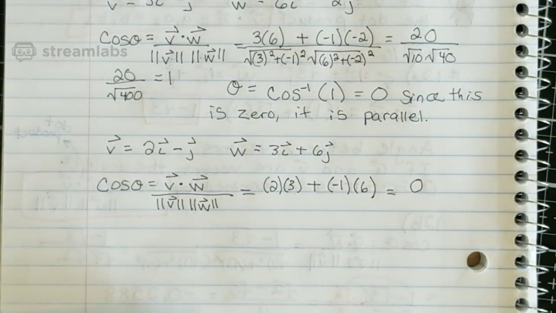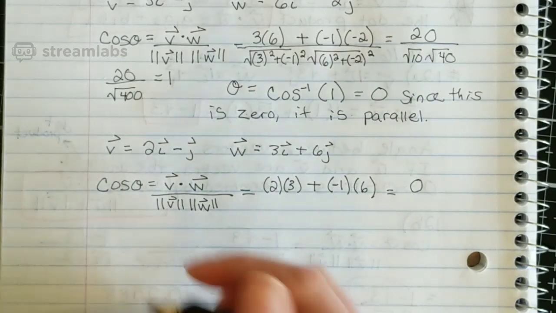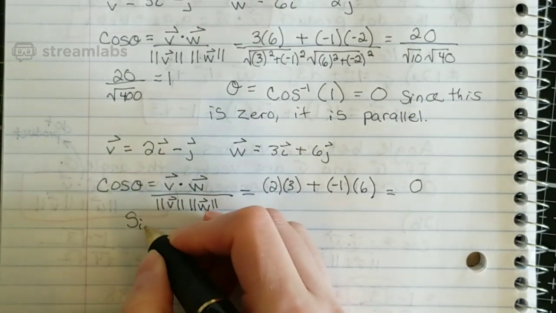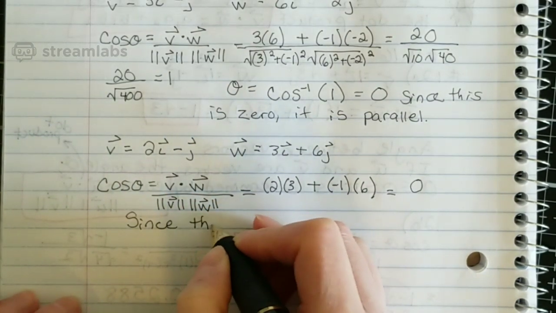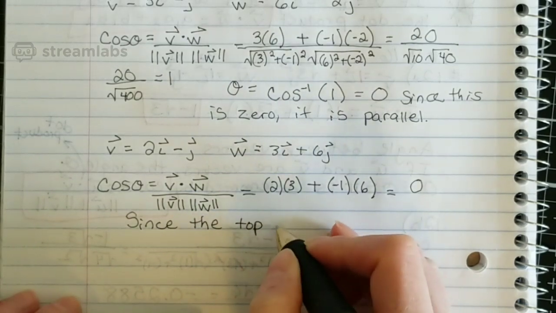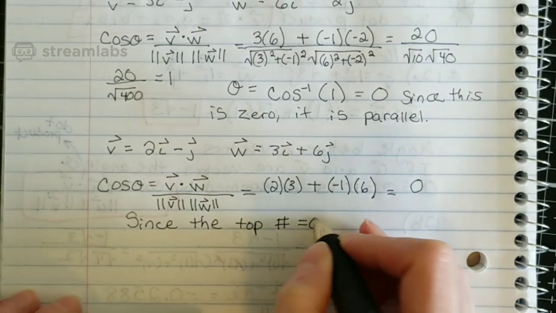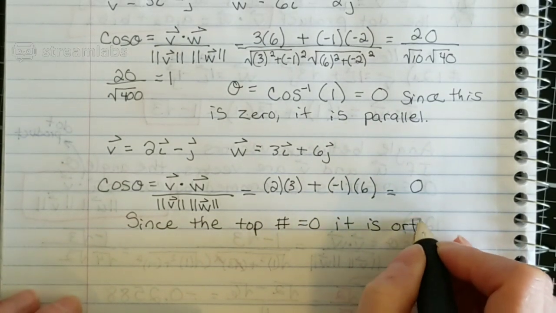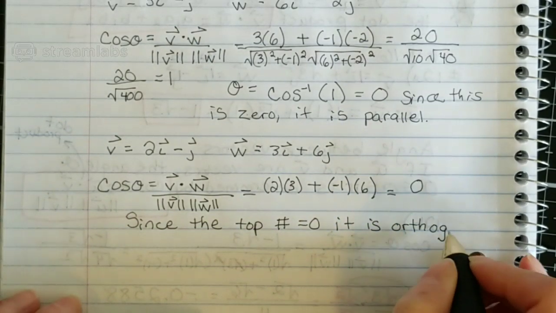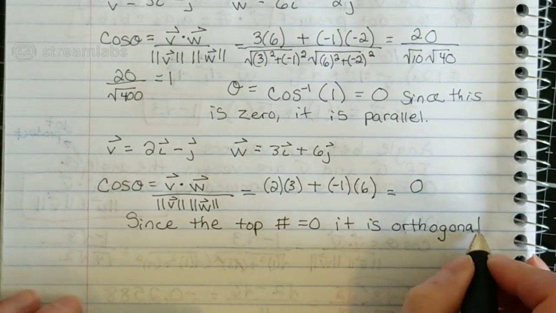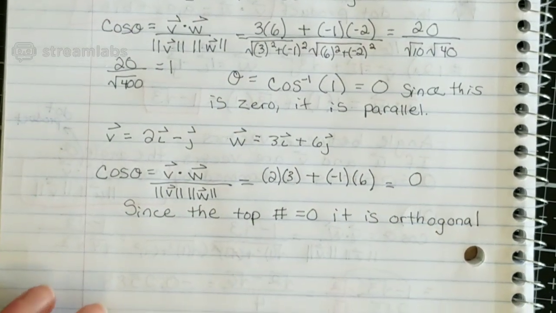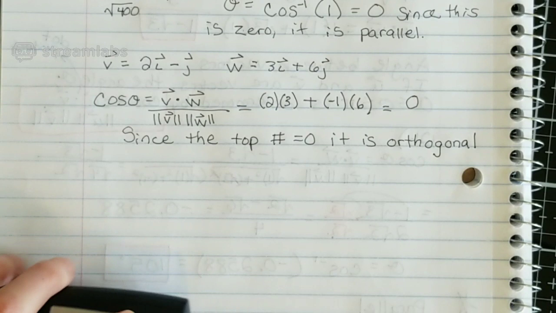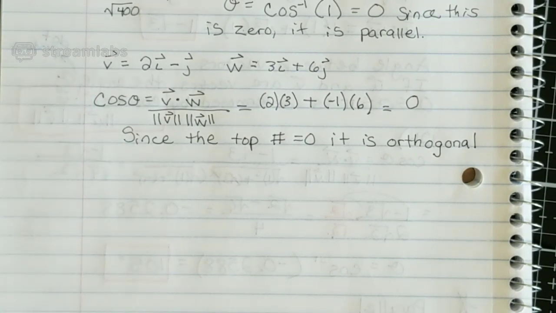So since the top was 0, we can stop, and you know that it's orthogonal, meaning it's perpendicular. So I always do the top and then I do the bottom. It's way less work if you do it that way.